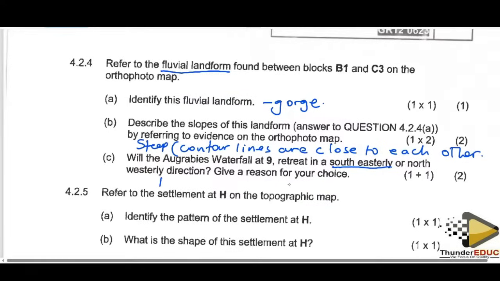We're going to talk about headward erosion, because headward erosion results in the waterfall retreating in the southeasterly direction. I believe we spoke about headward erosion when we were looking at geomorphology under river capture.